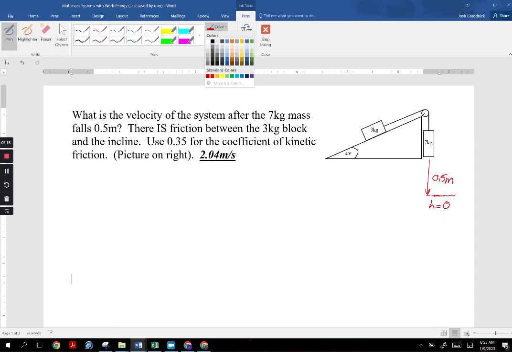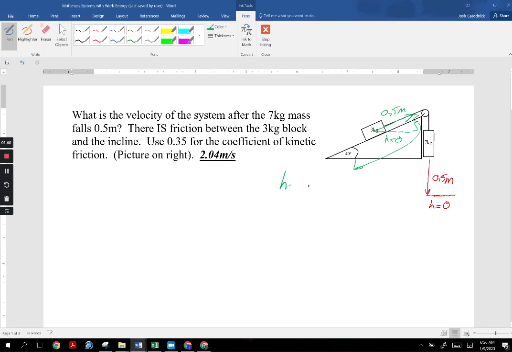Now the 3 kilogram mass is going to go up the hill 0.5 meters, which means that this is height zero for the 3 kilogram mass, its starting point. The height here I would calculate right away as h.